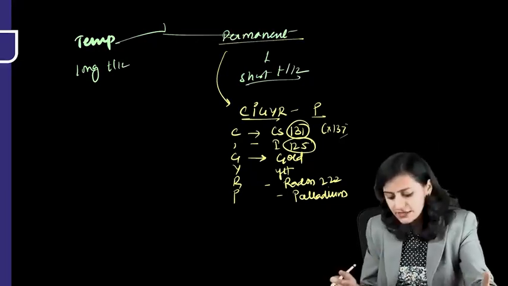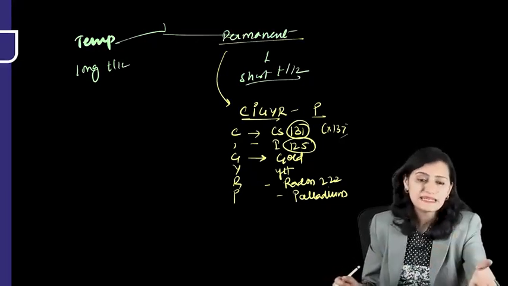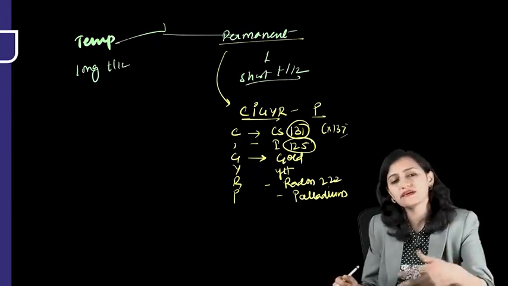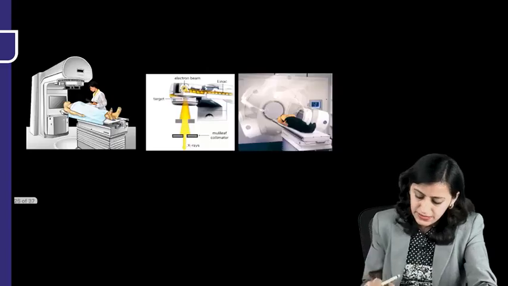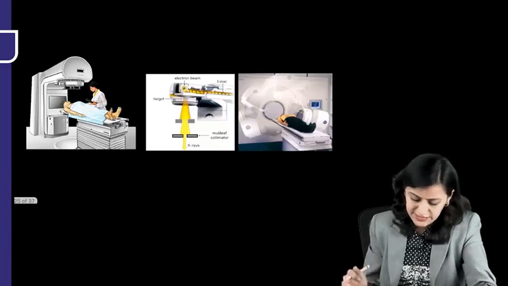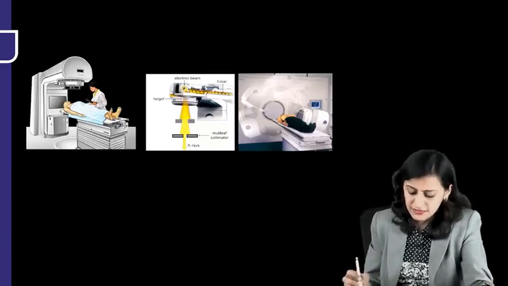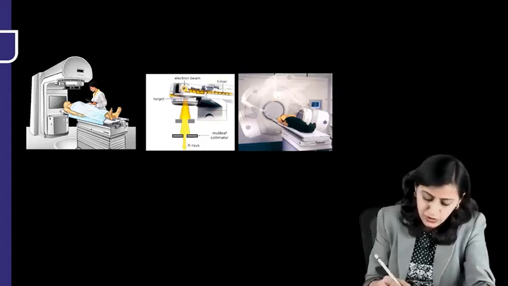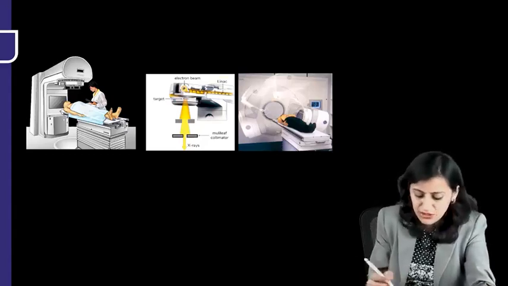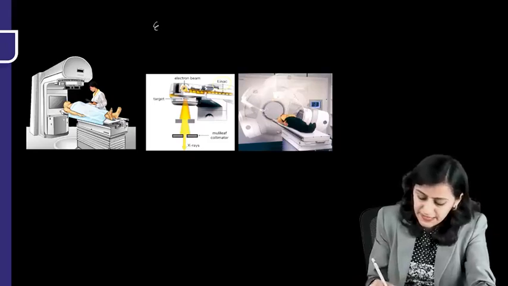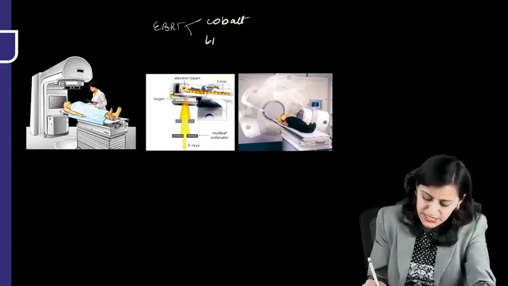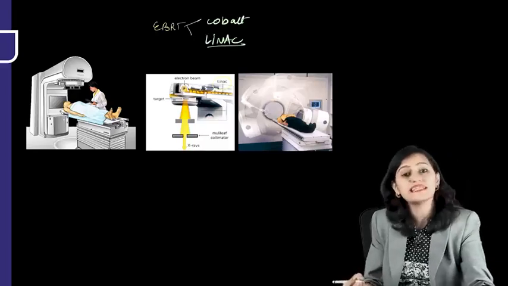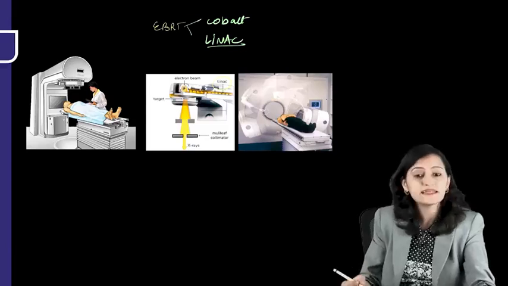Other ones which are commonly used in brachytherapy are iridium, cesium-137, and cobalt. These are used in temporary implants as well. Now, going to the next one. Look at this image here, the LINAC. In EBRT, when we saw the types of radiation, we can use a cobalt machine, and now what is commonly used is the LINAC, the linear accelerator.